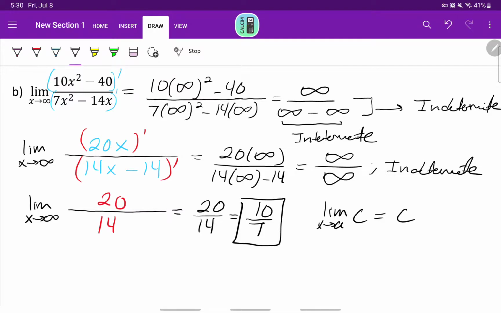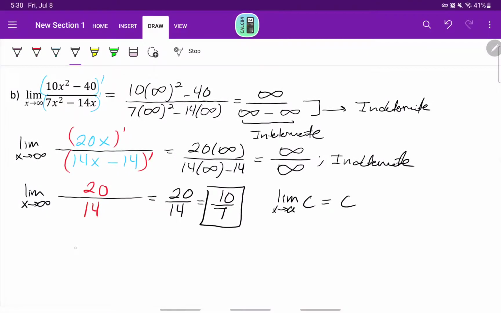Doing this the second way, I'm going to use the leading term principle because I have a limit as x approaches infinity. So if I use the leading term principle, LTP, that's going to be the limit as x approaches infinity of the leading term in the numerator. The leading term in my numerator is going to be 10x squared.